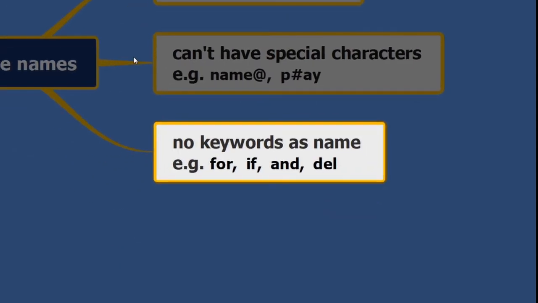We cannot have keywords as a name. For example, there are keywords like for, if, and del. These are some of the keywords. You can't use these keywords as variable names because Python has a specific meaning for each and every keyword. So if you try to use a keyword as a variable name, Python won't allow that.